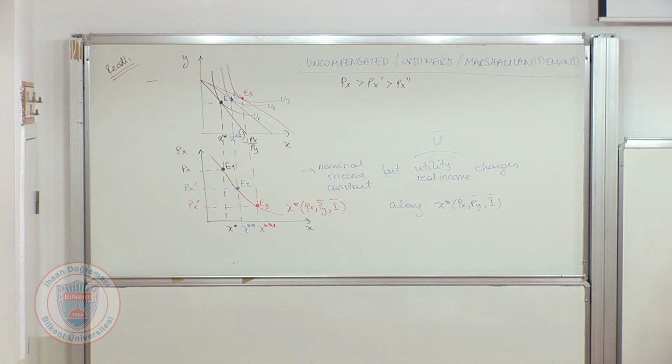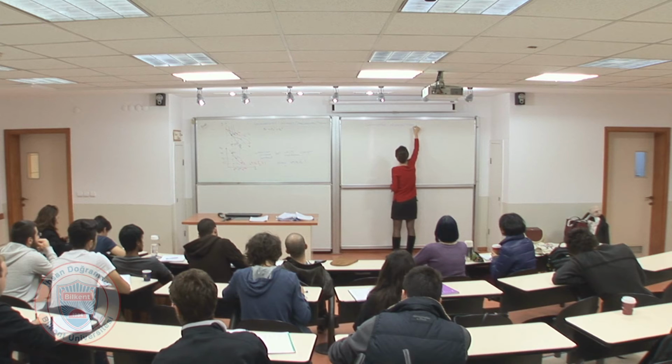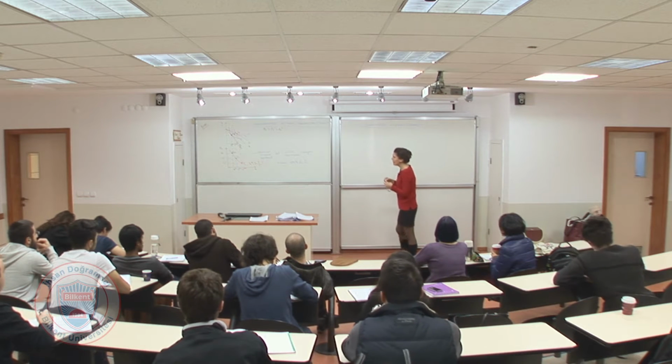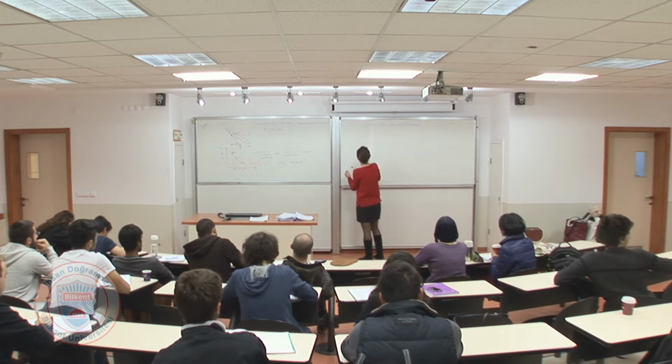This leads us to the compensated demand curve, sometimes called Hicksian demand.